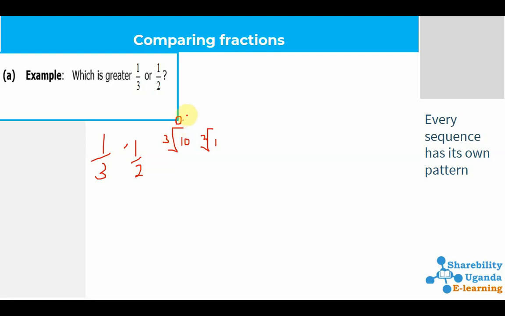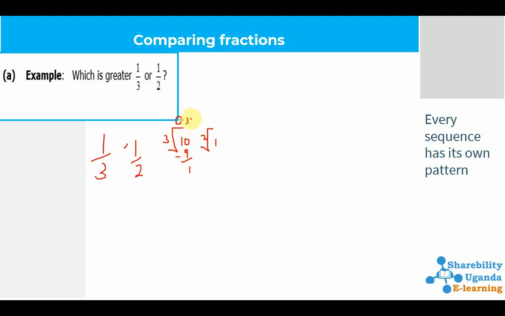What is 10 divided by 3? We shall be able to get a 3. After getting a 3, we multiply our answer times our 3 here. We shall be able to get 9. Then we subtract, and we get the remainder here. We remain with 1. What is still 1 divided by 3?